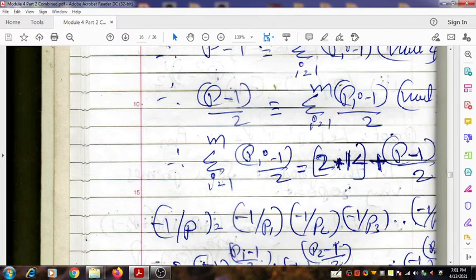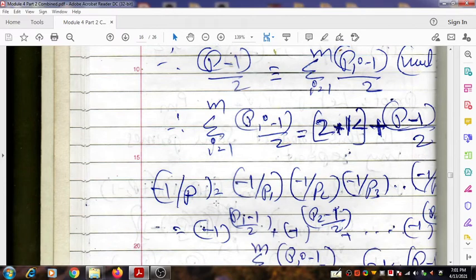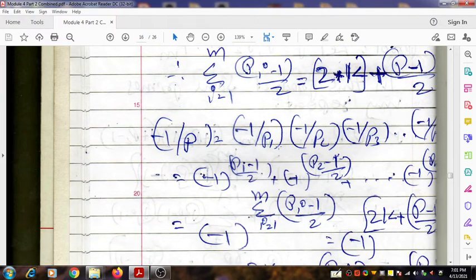You can write that the summation from i equal to 1 to m of (pi minus 1) divided by 2 equals 2k plus (p minus 1) divided by 2, where k is some suitable integer. Then you can consider the Jacobi symbol (minus 1 bar p), applying the second property of the Jacobi symbol.